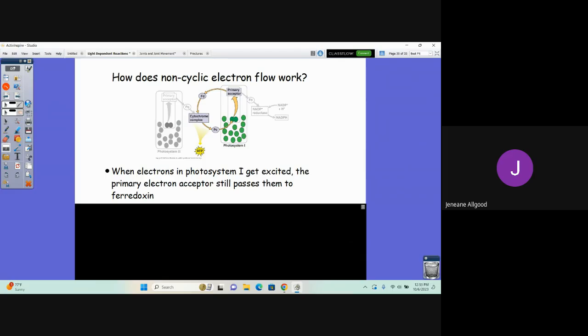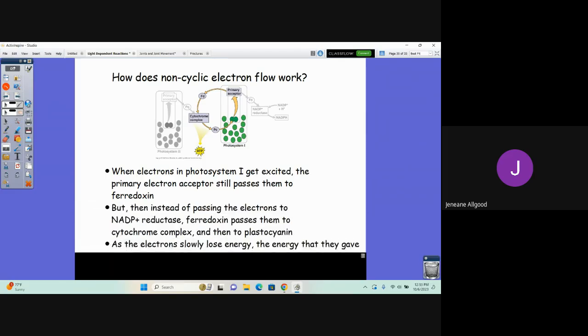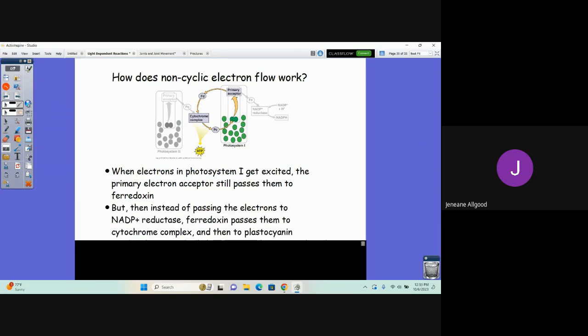Okay, so when electrons in photosystem 1 get excited, primary electron acceptor still passes them to ferredoxin just like it would have before, but instead of passing the electrons to NADP plus reductase, ferredoxin passes them to cytochrome complex and then to plastocyanin.